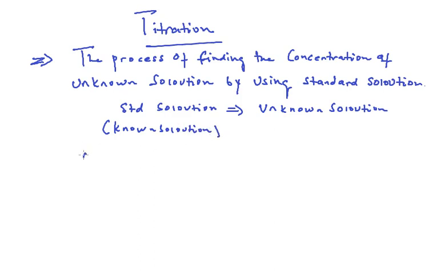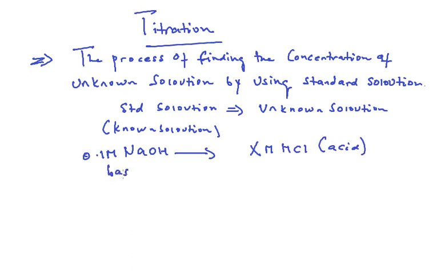Say, for example, you have a 0.1 molarity of sodium hydroxide, and by using the 0.1 molarity of sodium hydroxide, you may be asked to determine the unknown molarity of hydrochloric acid, which is an acid, and this is a base. So first we can write the reaction between acid and base, which is sodium hydroxide with hydrochloric acid. That gives you sodium chloride plus water.